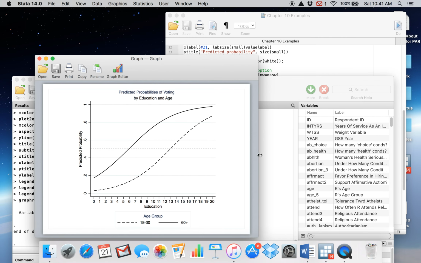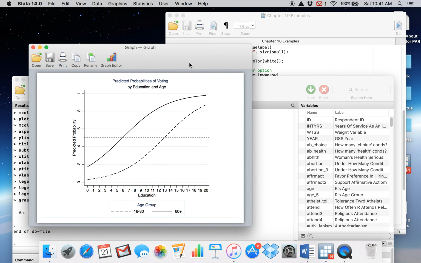Okay, so as you can see, we get two lines in this plot, and they both have that S curve again, never going above 1, never going below 0. And you can see that our age group is 18 to 30, obviously, because you can't vote until you're 18. I don't think there's anybody sampled in the GSS that's under 18.